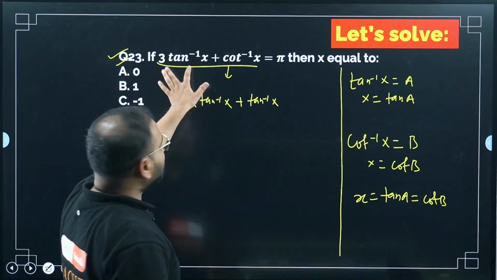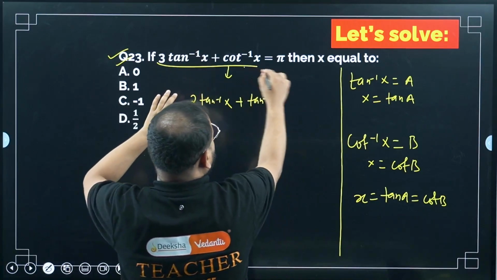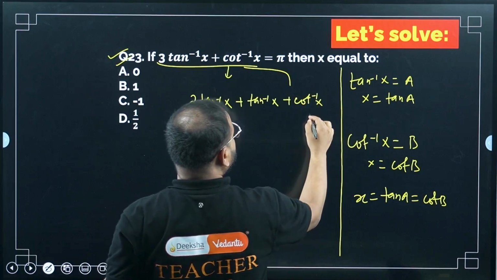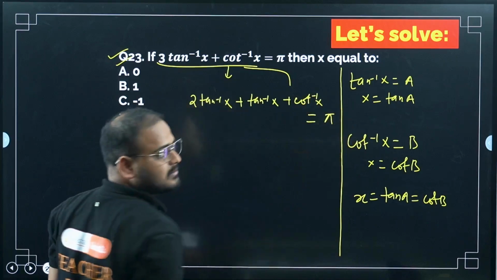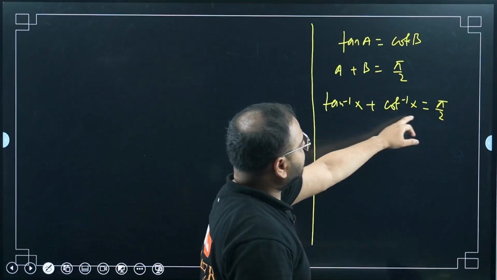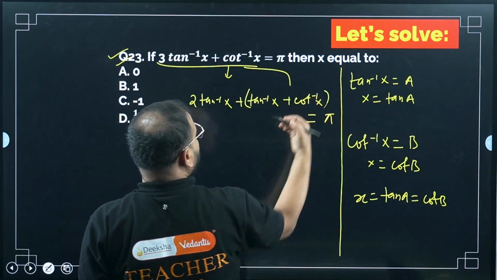I am splitting 3 tan inverse x as 2 tan inverse of x plus tan inverse of x. Then this part will come here, plus cot inverse of x equals pi. I hope you understand. Check here. Tan inverse of x plus cot inverse of x, we got it as pi by 2. So I can replace this by pi by 2.